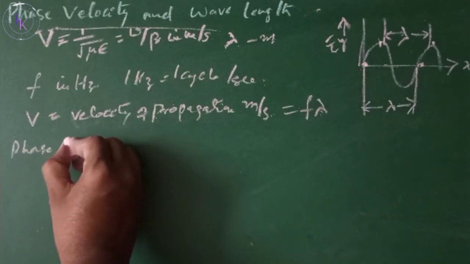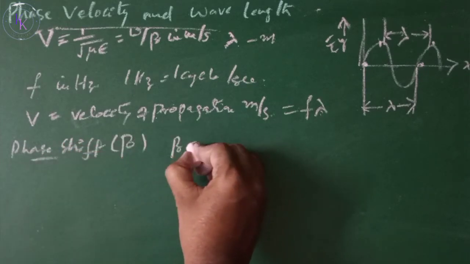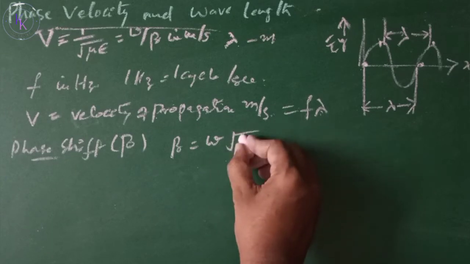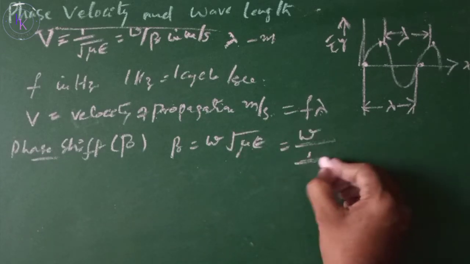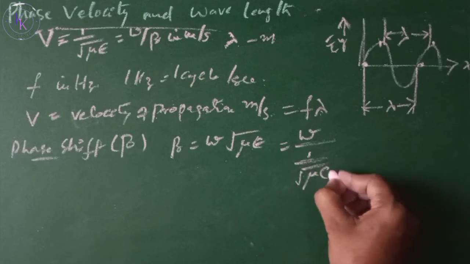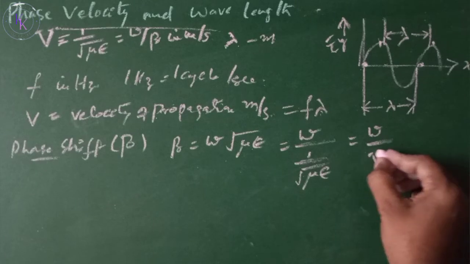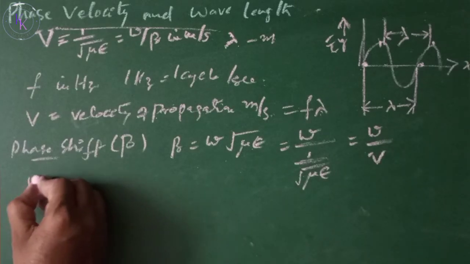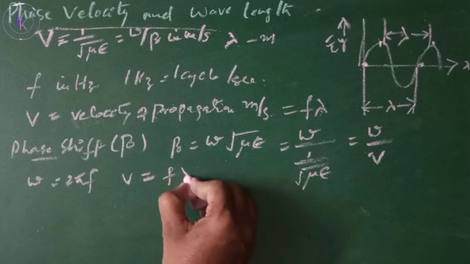Phase shift beta equals omega square root of mu epsilon, that equals omega by 1 by square root of mu epsilon, which is nothing but omega by velocity v. But omega equals 2 pi f and v equals f lambda.